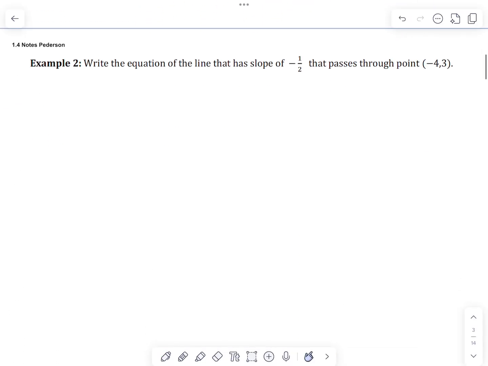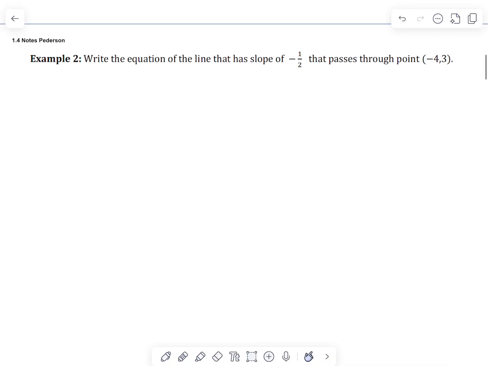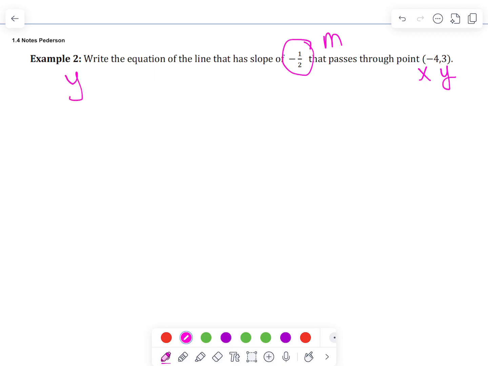Example 2. Write the equation that has the slope of -1/2. That's our m. But now we don't have the b. So we're going to go ahead and identify this as a point, x and y. So y equals mx plus b.